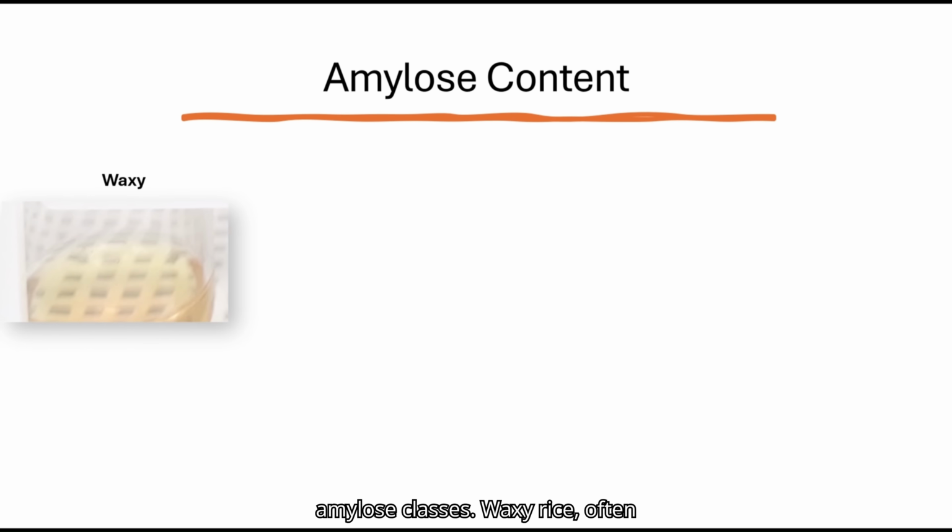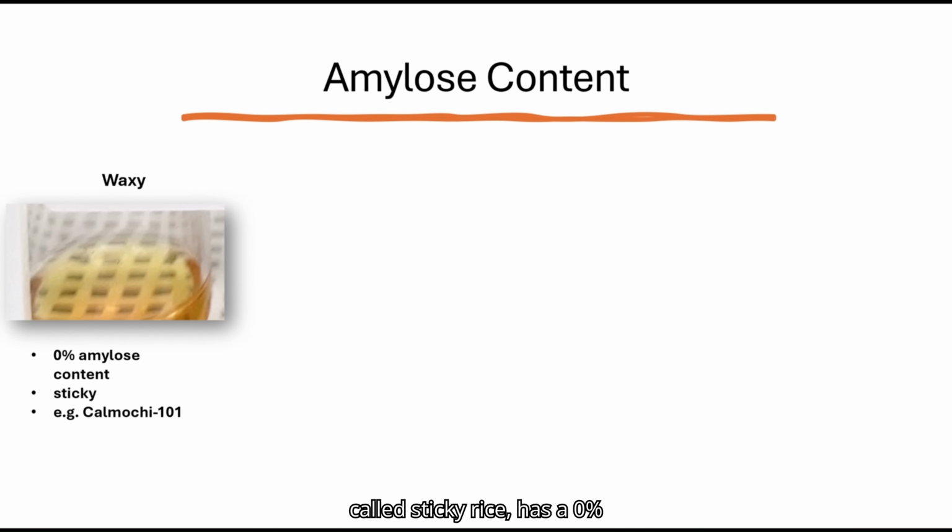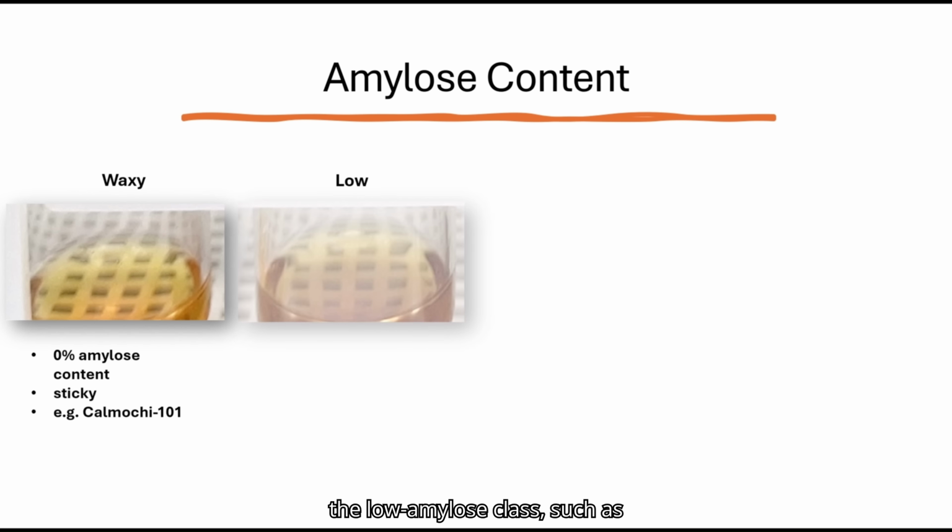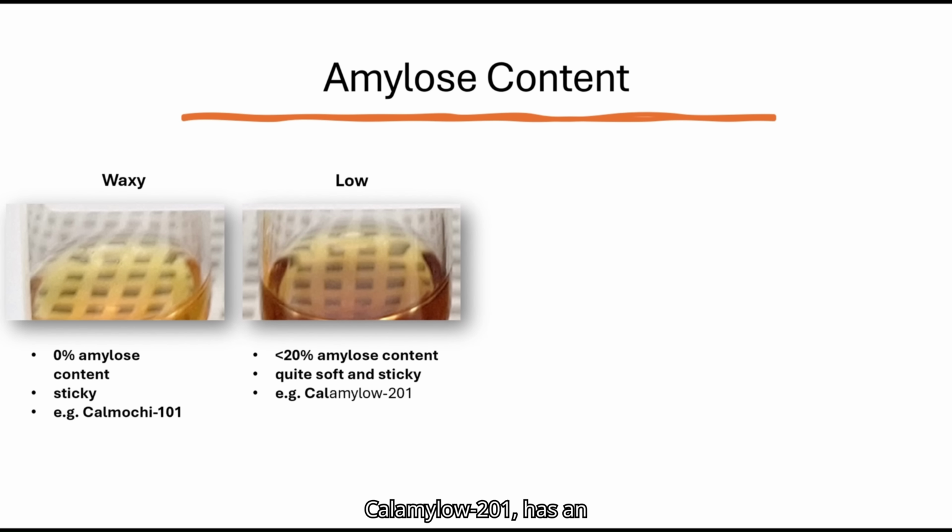Waxy rice, often called sticky rice, has a 0% amylose content. An example is Calmochi 101, a glutinous rice developed in California. Rice under the low amylose class, such as Calimelo 201, has an amylose content of less than 20%, making it soft and sticky.